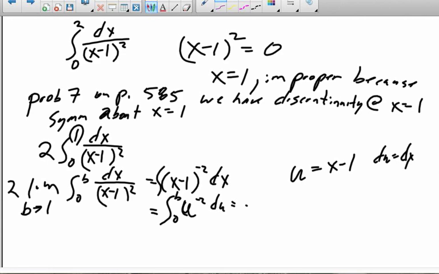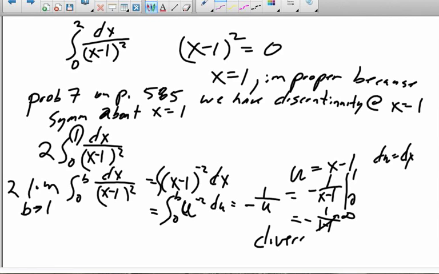You add 1, so it's going to be negative 1 over u, which is negative 1 over x minus 1, evaluated at 0 to 1. And as you can see, I'm still going to have a problem because I'm going to have 1 minus 1 in the denominator, which is infinite. So this thing diverges. And at this point, we're ready to stop.